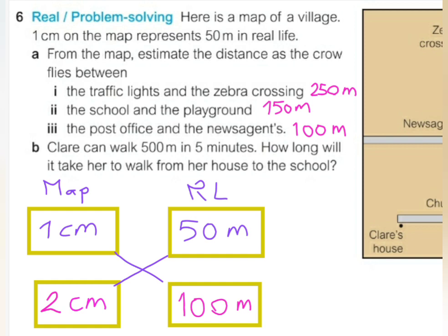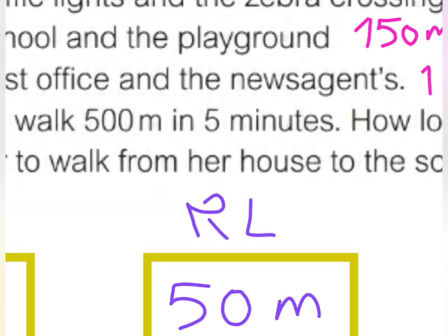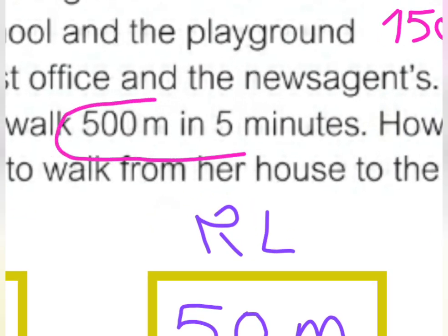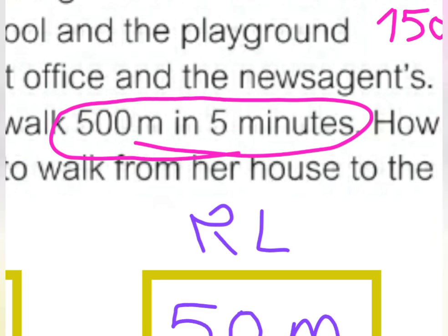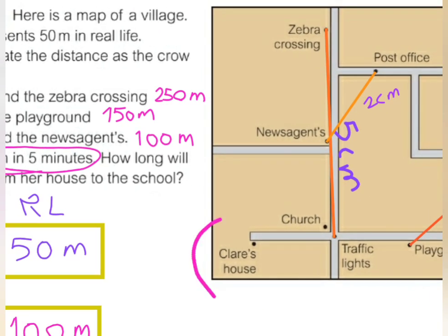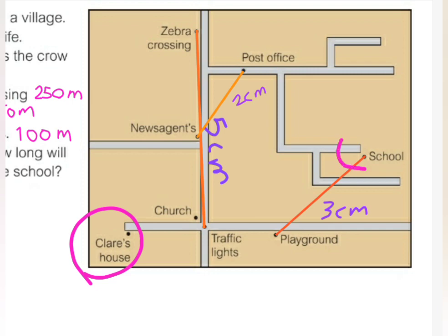First thing we do, we have to know what is the distance from her house to her school. Now, this one here, 500 meters in 5 minutes, is my scale in the X method. So I can use it in the X method to find out how many minutes it takes from her house here to her school.